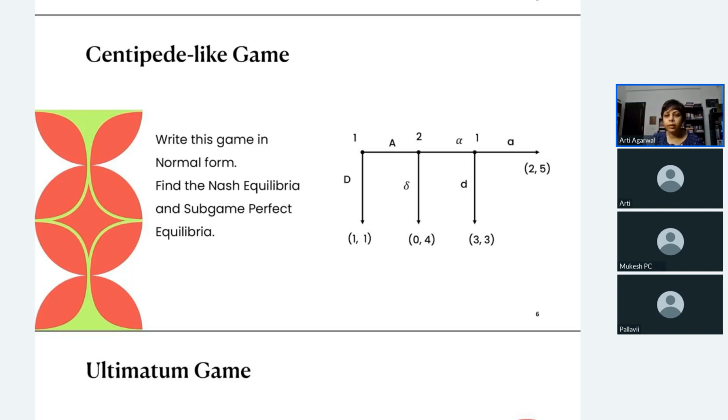Player one, you're saying A, D, and D. Why only D? When you're characterizing a strategy of a player, you have to characterize their strategy in every subgame.